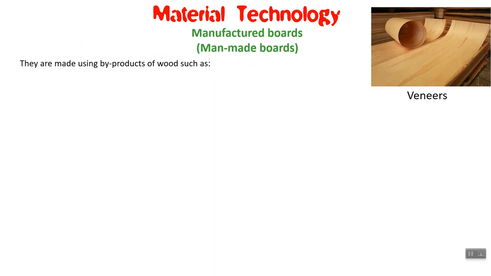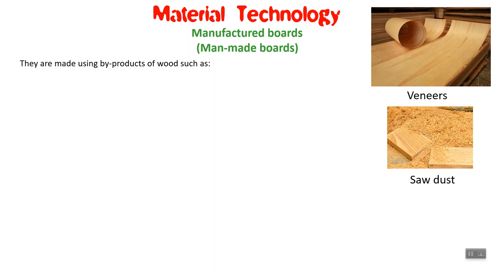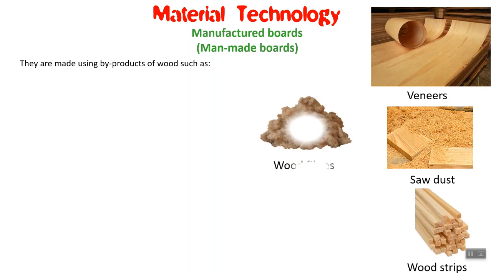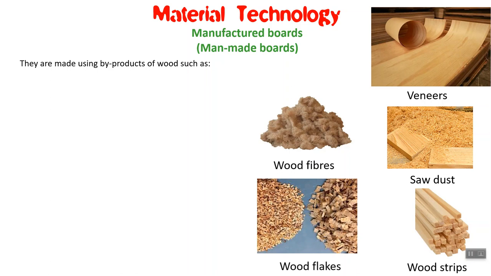These are made by using byproducts of wood, such as veneers of wood, which are thin layers of 1 millimeter or less thick of hardwoods, sawdust, which is a waste material we obtain when drilling or cutting wood, wood strips, which are also a waste material converted into small strips of wood, wood fibers, and wood flakes, which are also waste materials.